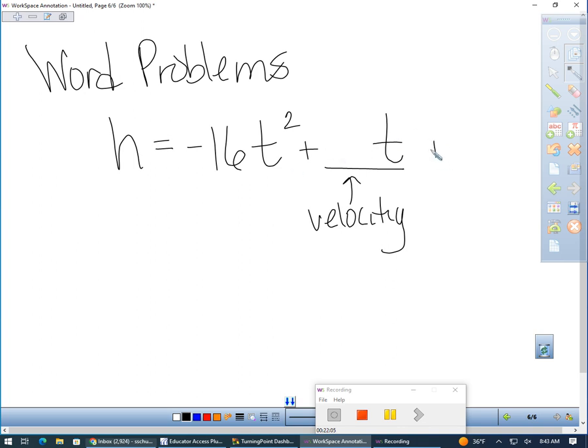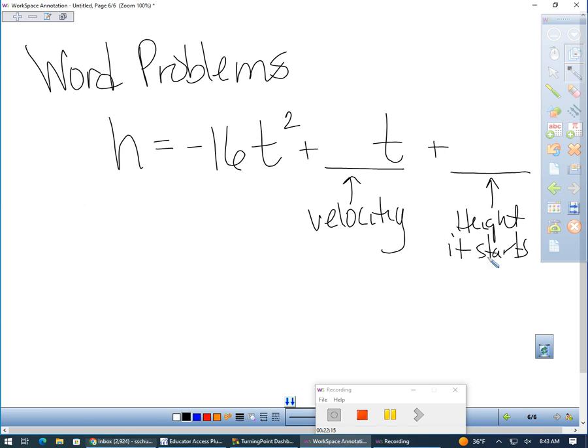The last spot, or the C spot, is the height it starts at. So yesterday with our orange, it started at a height of 40 feet, so it was plus 40 at the end, okay?